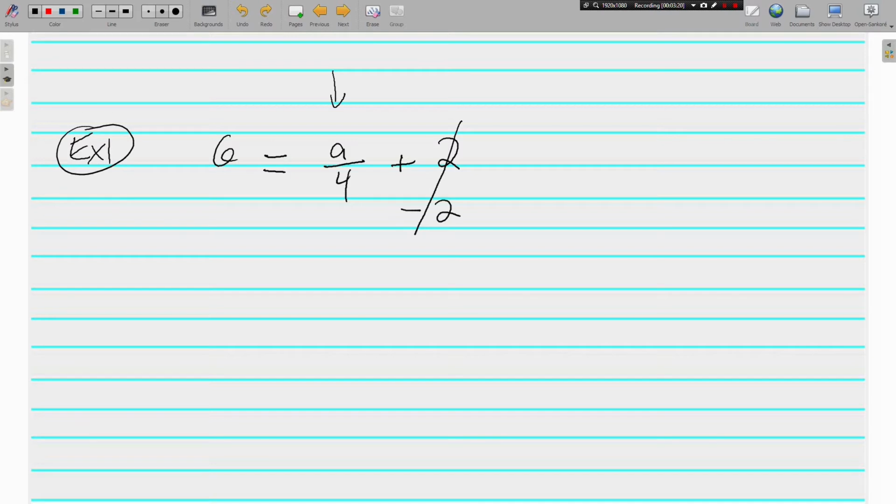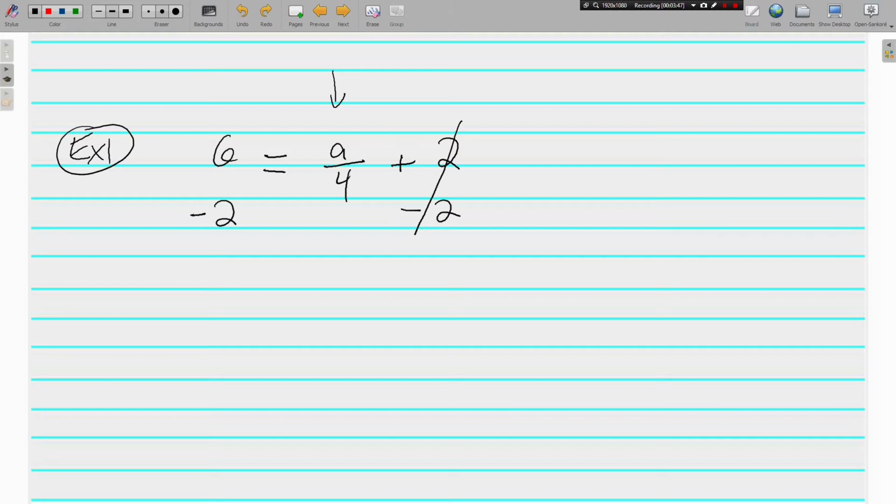But because we're solving equations, we can't just cross out the 2 and be done with it. Things are supposed to be equal on both sides of the equation, so whatever we do to one side, we must do to the other. So because we subtracted 2 on the right, we have to subtract 2 on the left.